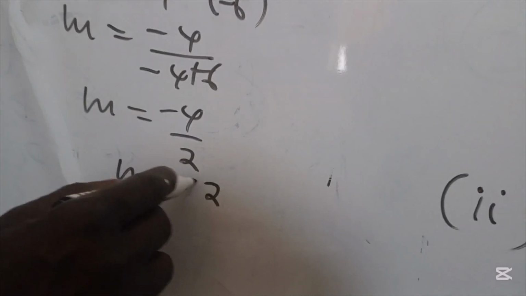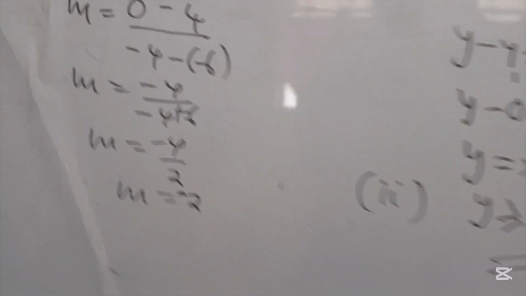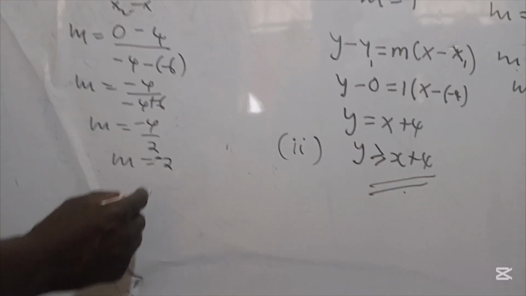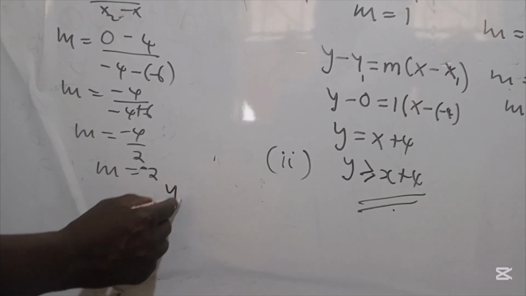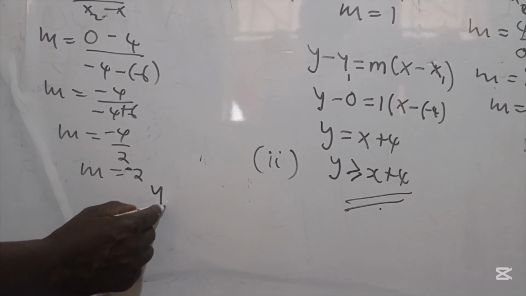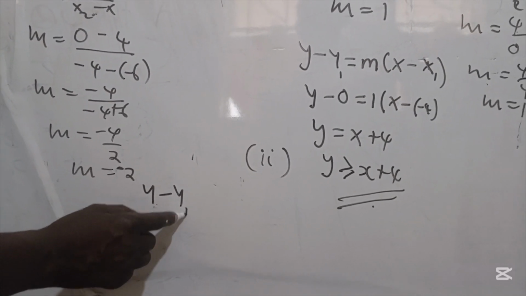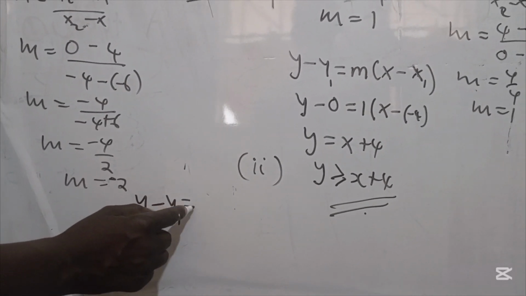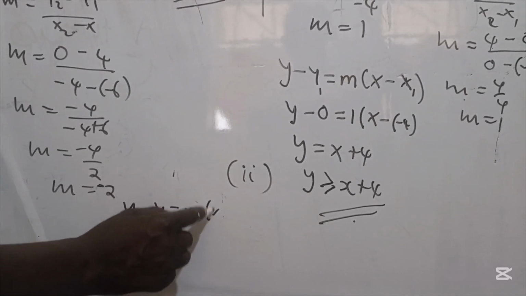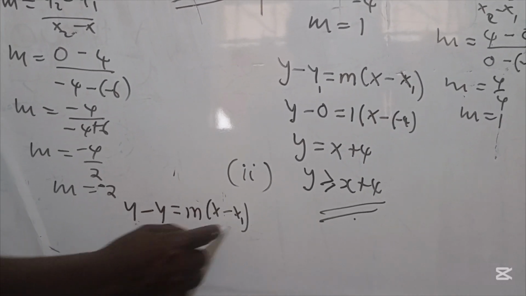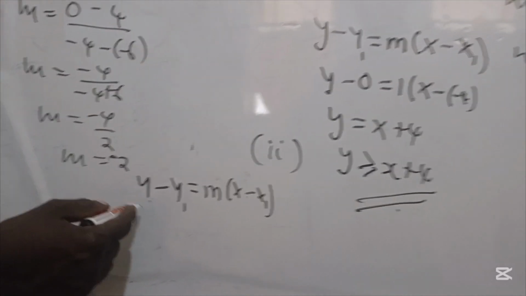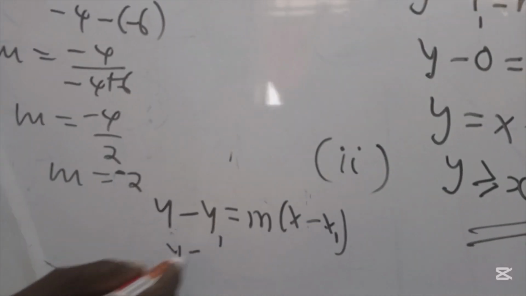So now this negative 2, remember, you have to replace it. Where do you replace it? You replace it in the equation y minus y1, because y1 I know it, equals m times x minus x1. Then you replace. What is my y? I don't know it, since I want an equation.